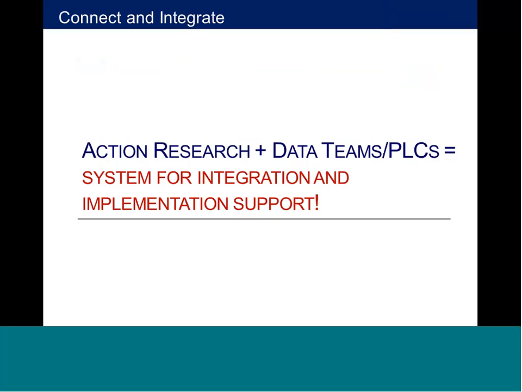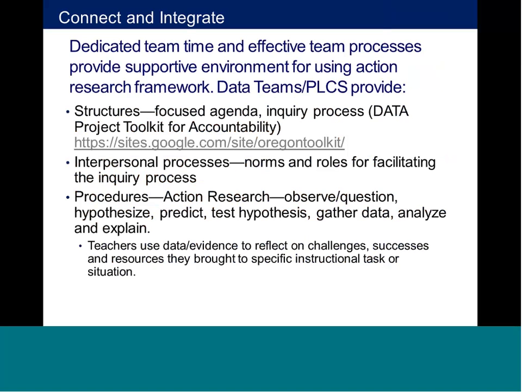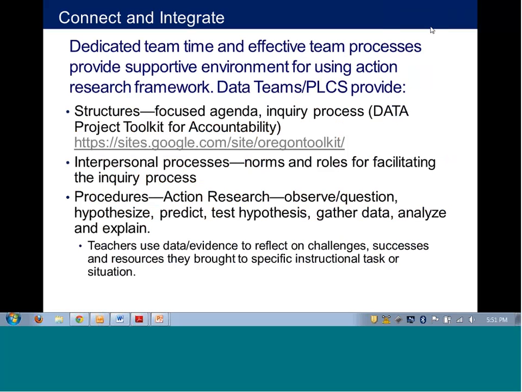And when you put these pieces together, action research and your data teams or PLCs or PLTs or whatever name you want to call collaborative teamwork, that's where you get a system for integration and implementation support. It's a natural fit. So let's connect and integrate a little bit here. If you think about collaborative teams, first of all, that's an ongoing piece of what Direct Access to Achievement has been building and supporting across the state.